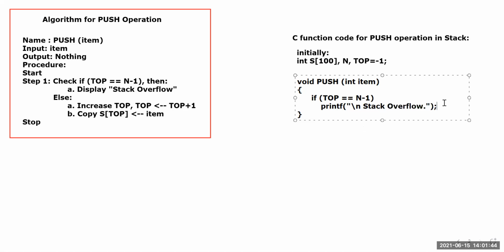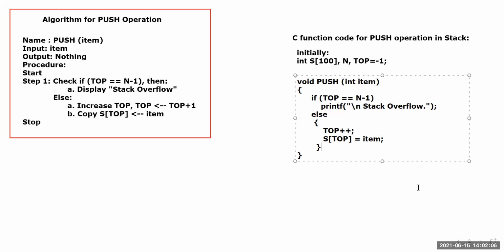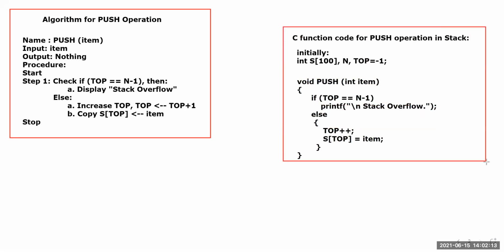And if it is not the case, then we'll just do else top plus plus, and then at s top we will copy item. That's it. So this is our C function code for push operation in stack.